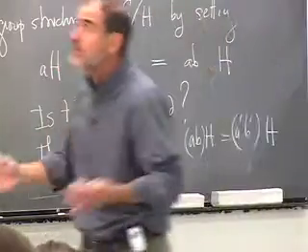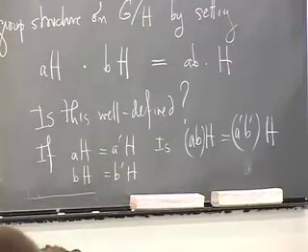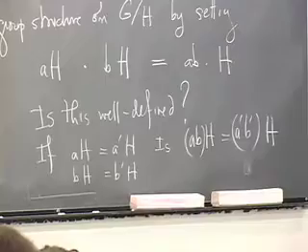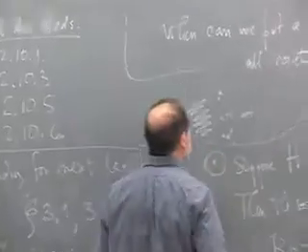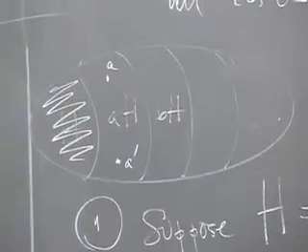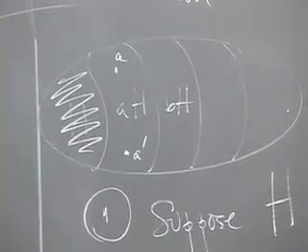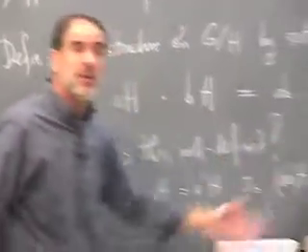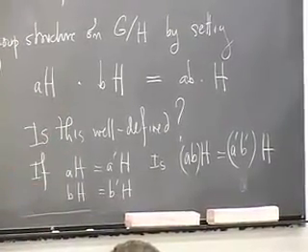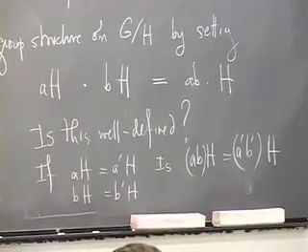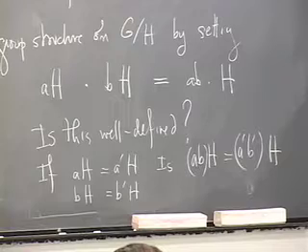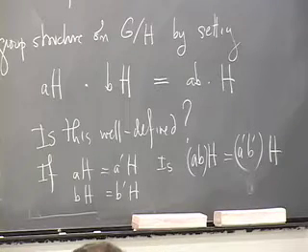You just have to pick something in it. Here we called it aH because the element a was in it. But we could have had another element a prime in it and written it as a prime H. And if we say that this multiplication law depends only on the coset, we better make sure that no matter what representative we choose, it works. Now, in this case, it has to work because it's the law on the image. But I'm going to show you that it doesn't always work.